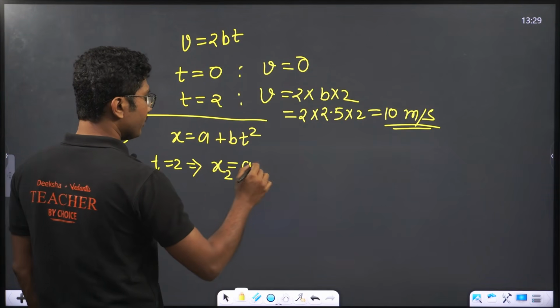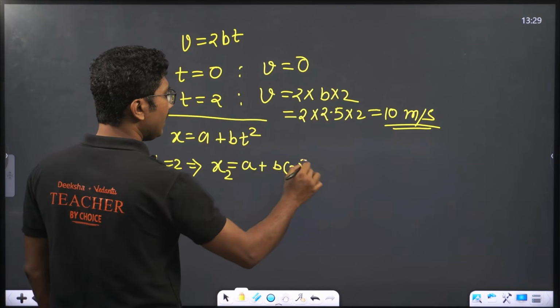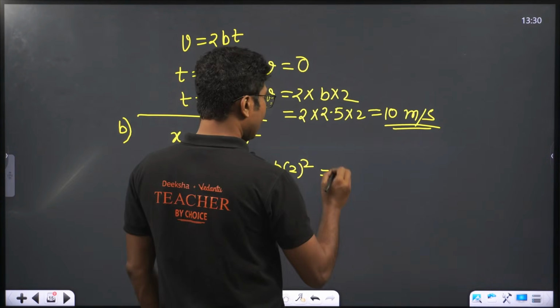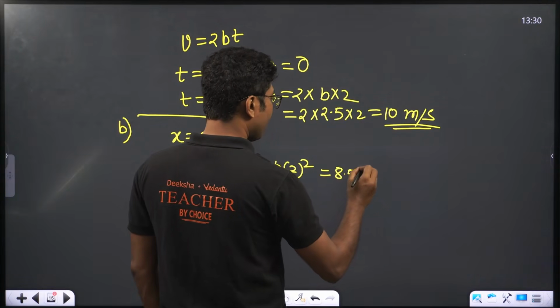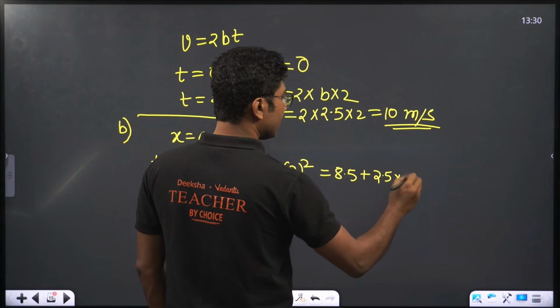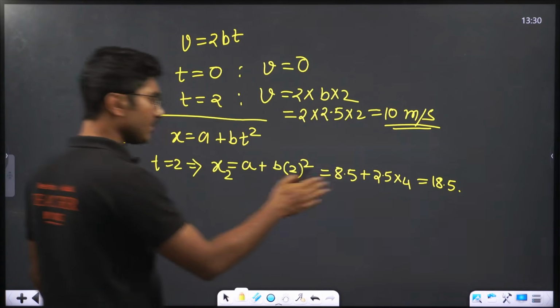x2. Instead of t, you just replace it by the value of time. That's it, right? So it will be 8.5 plus 2.5 into 4, that is 10 plus 8.5, so 18.5. So this is the initial displacement.